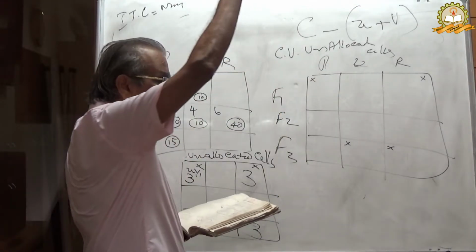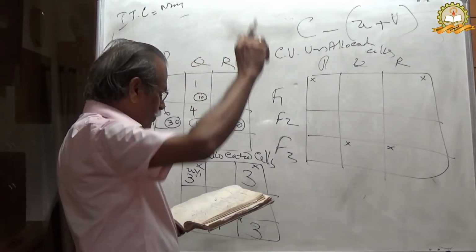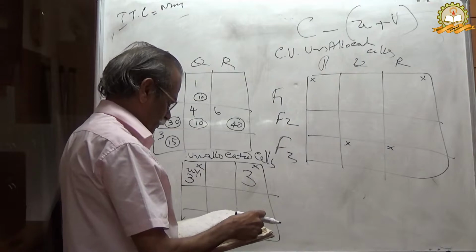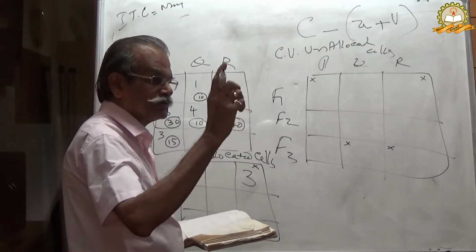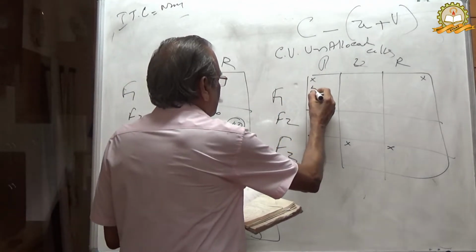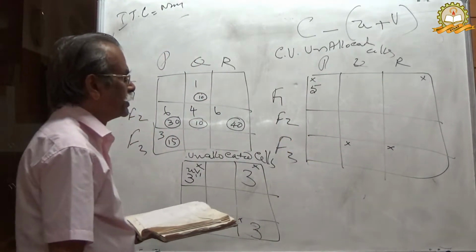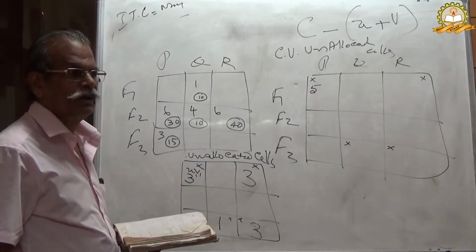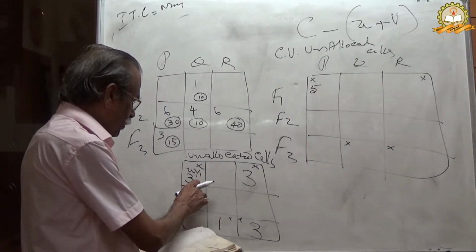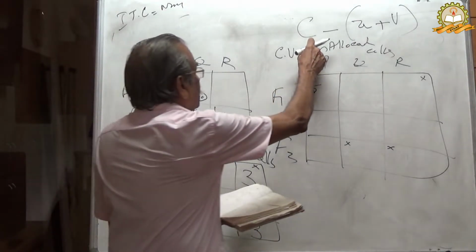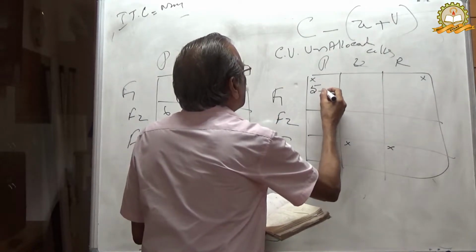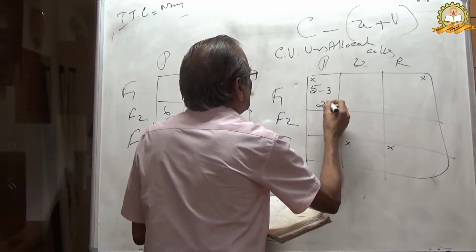You take the original given cell value in the question, that is 5, and you got 3. Therefore, here it is 5 minus 3, which is 2.